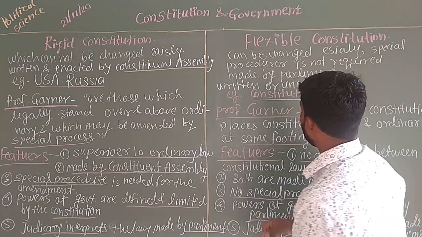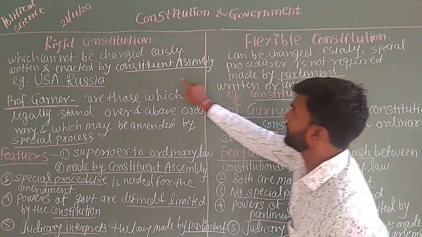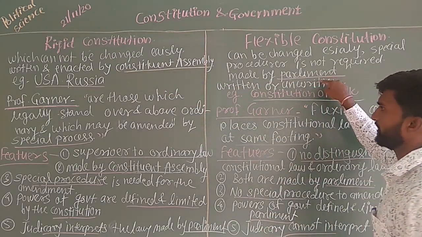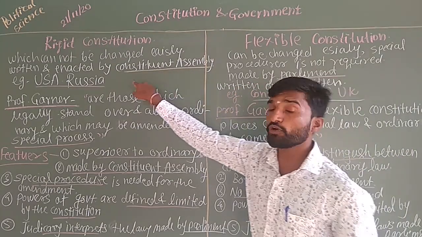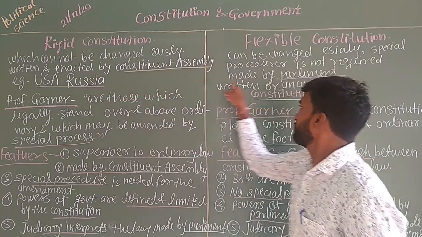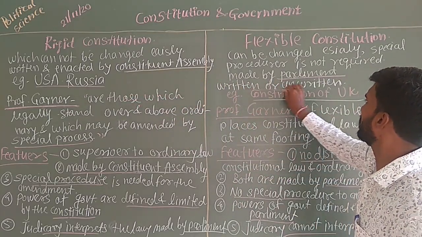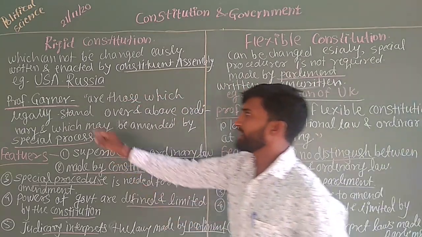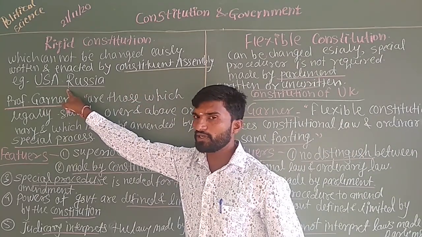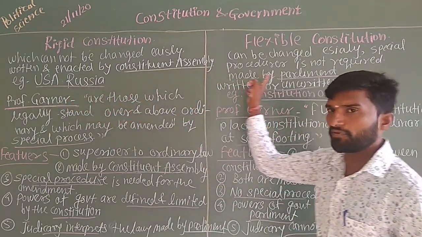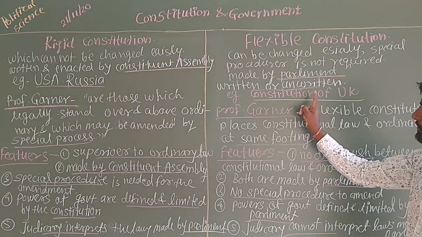This rigid one is found in written form, but the flexible is written or unwritten. Example: for rigid, USA, Russia; for flexible, UK.